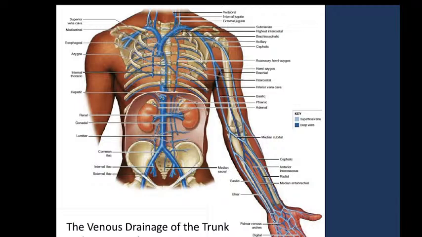Another tributary or route for the brachiocephalic veins is the vein called the subclavian vein. This vein is a collector for all blood coming from the upper extremities, and here you see superficial veins coming into the subclavian vein directly, especially the cephalic vein.